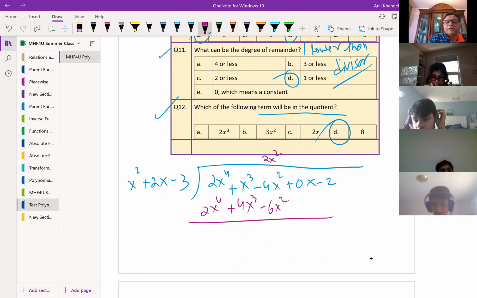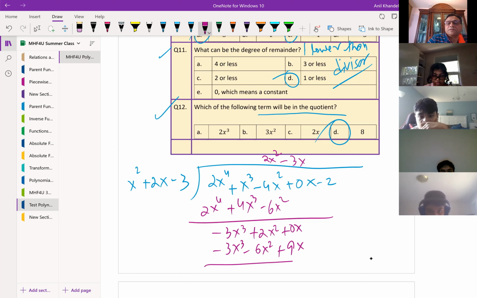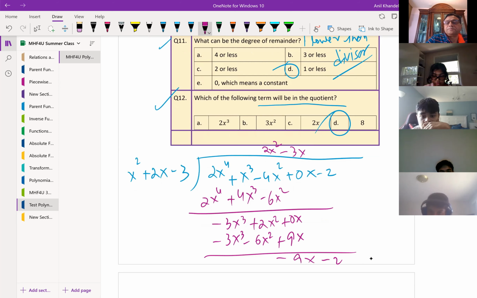And when you take away, we get minus 3x cubed, and that gives you plus 2x squared plus 0x. And then you get minus 3x. So minus 3x cubed minus 6x squared plus 9x. So you get minus 9x minus 2, right?